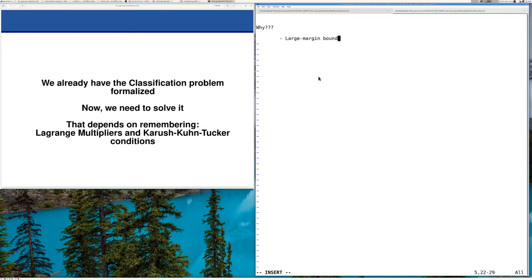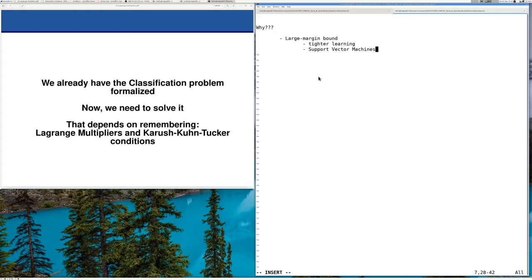If you haven't seen it before, watch the previous videos. The large margin bound proves a tighter learning bound, and it is the origin for the support vector machines.